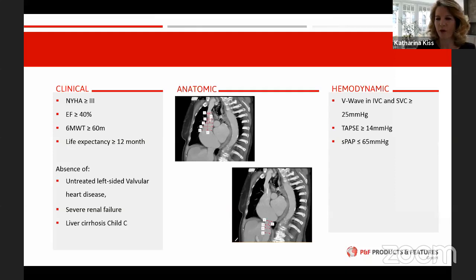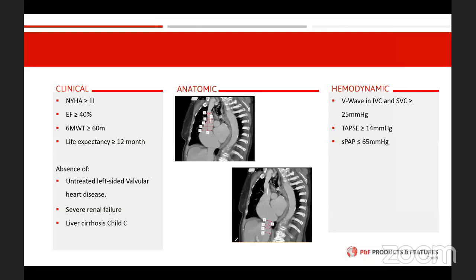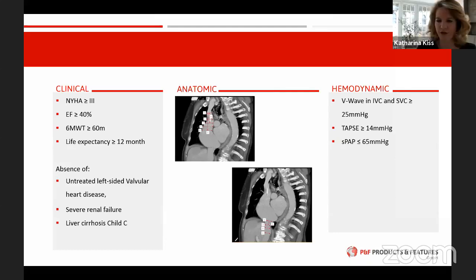So what are the important parameters that we need to consider when planning a TricValve procedure? First of all, we have to determine the anatomic suitability, which is done by a dedicated CT scan. But then we also have to know about the V-wave and the right ventricular function.